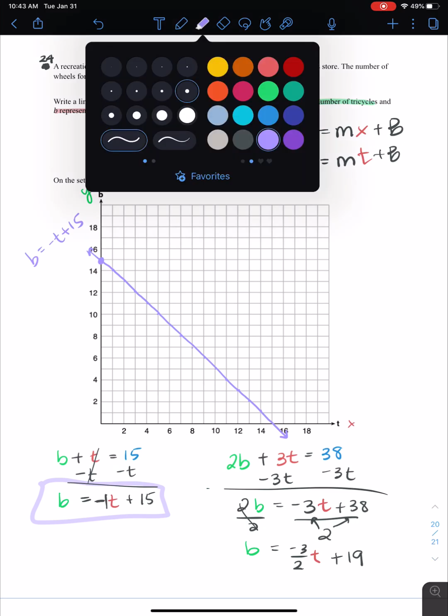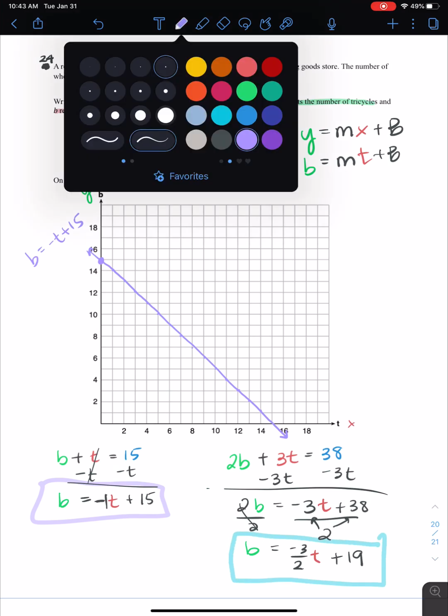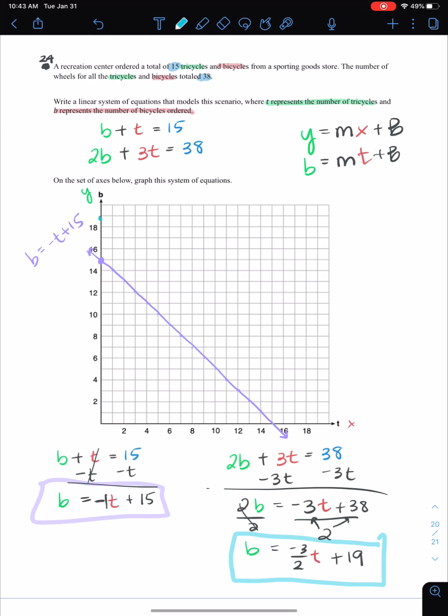And now I am going to graph the next one here. So we have a y-intercept of 19 and a slope of -3 over 2. So we're going to go down 3 over 2, down 3 over 2. And we have this equation, which is b is equal to -3 over 2t plus 19.